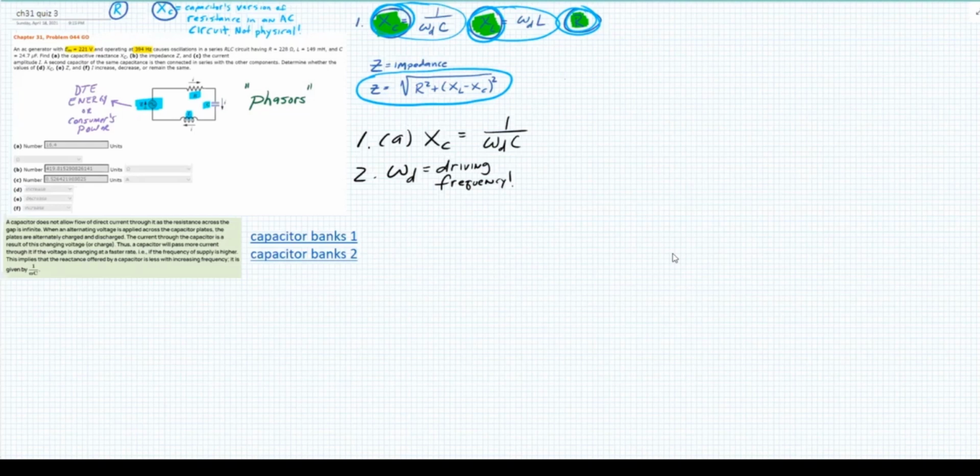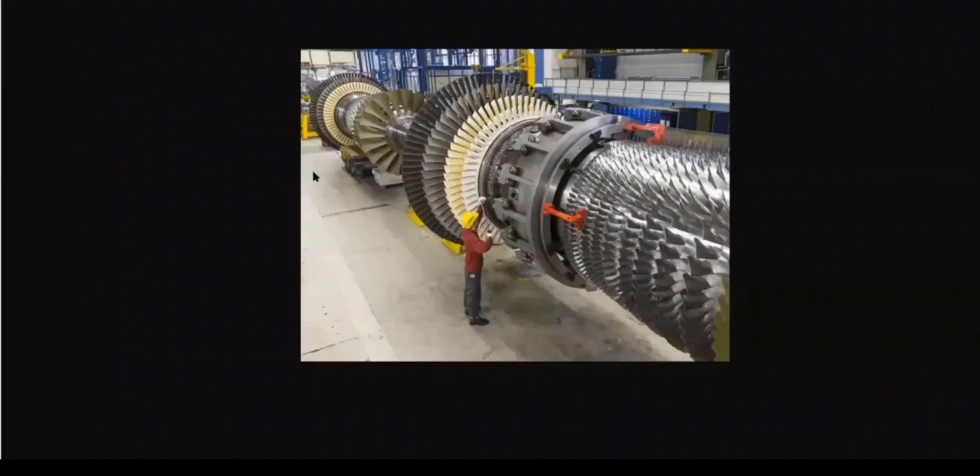Let me open this in a better view and share it. Check this out. So here is a natural gas powered turbine right here. So this is what spins. These things are monstrously impressive. This is a small one. They get far bigger than this. And you can see that even though this is a small turbine, look how big it is.